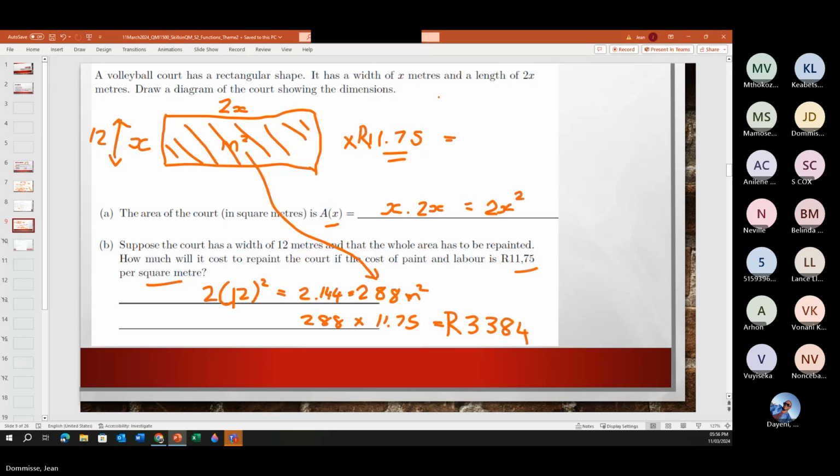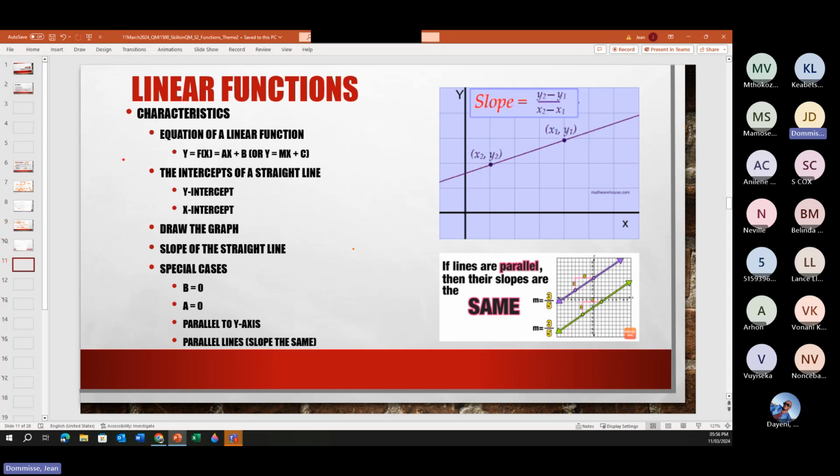Okay, so let's look at the next component. And I think some guys are trying to log on and can't. I don't know if something is down again.